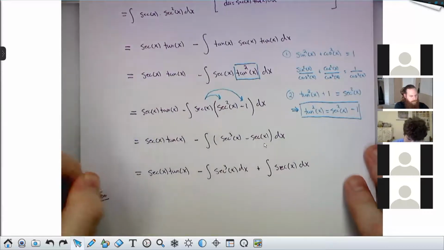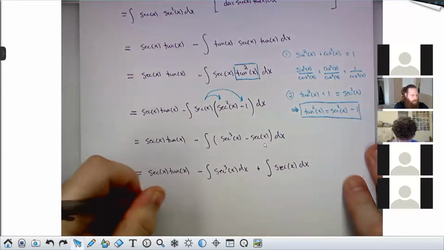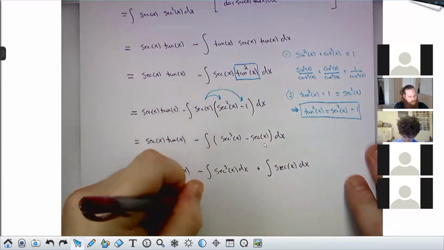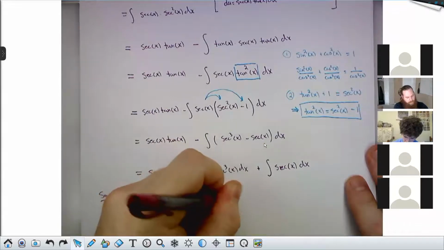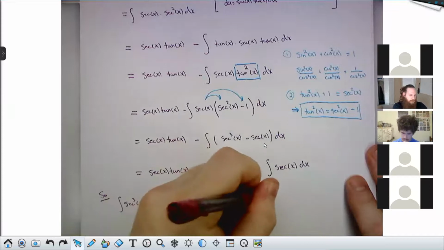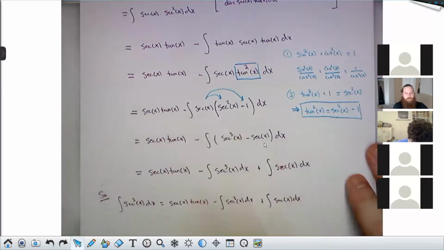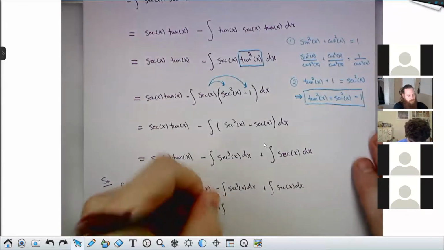We'll have our similar line. So integral of secant cubed x dx is equal to secant x tangent x minus the integral of secant cubed x dx plus the integral of secant x dx. I add this piece back over.